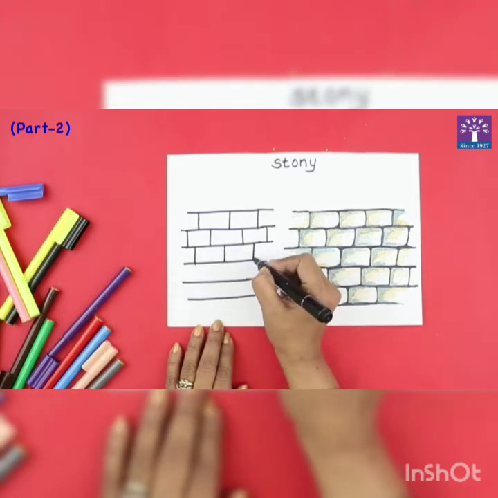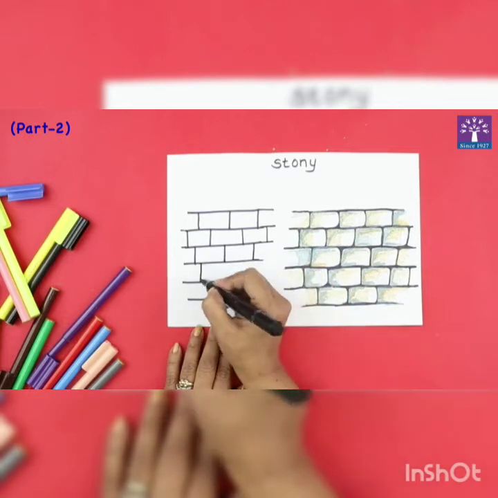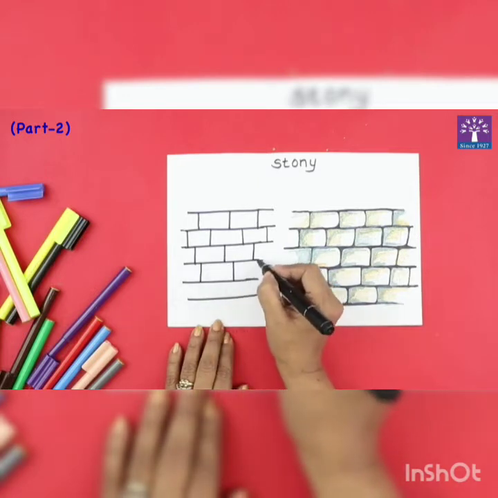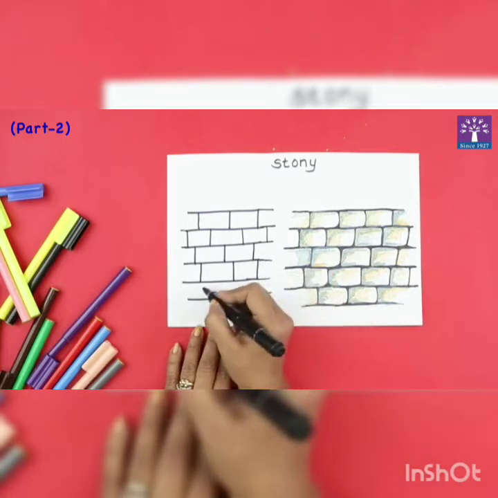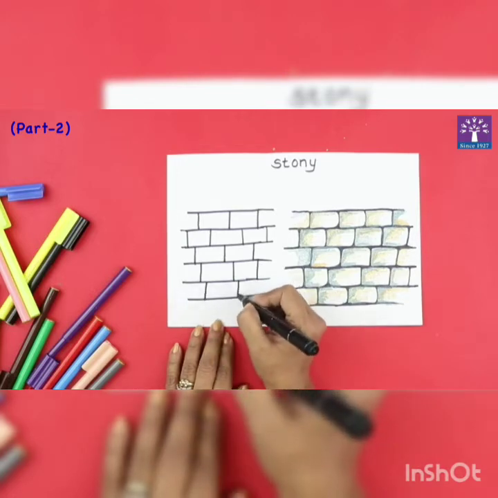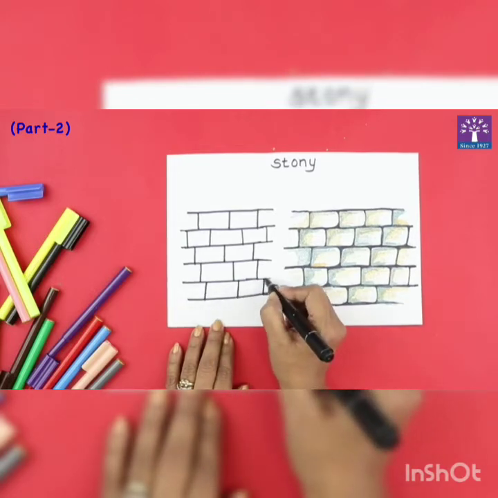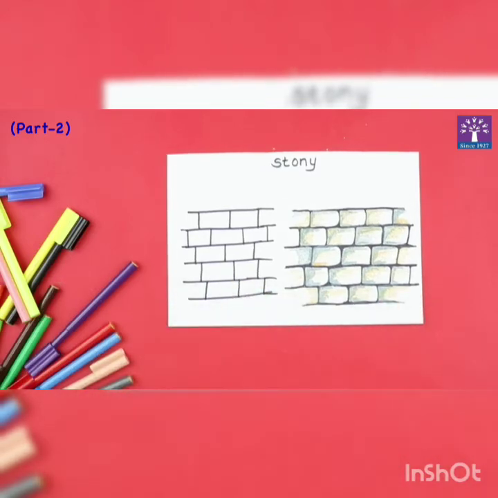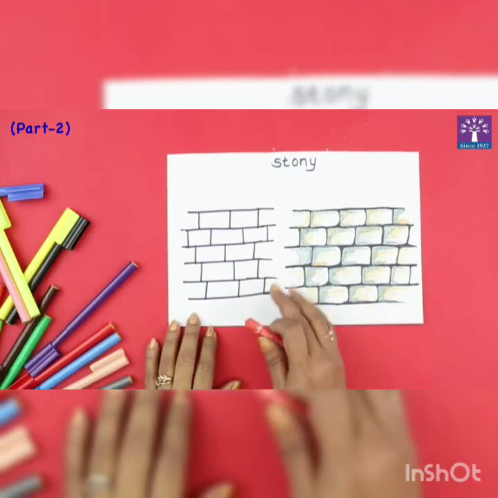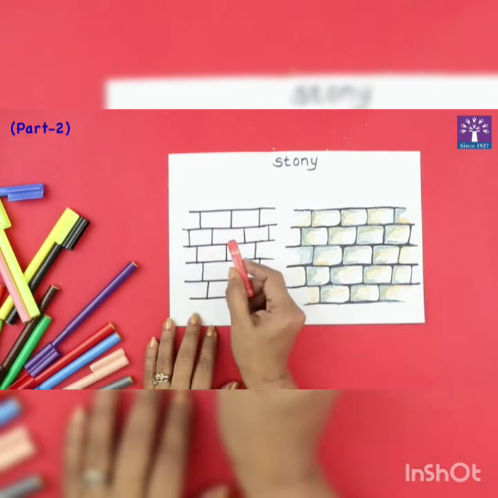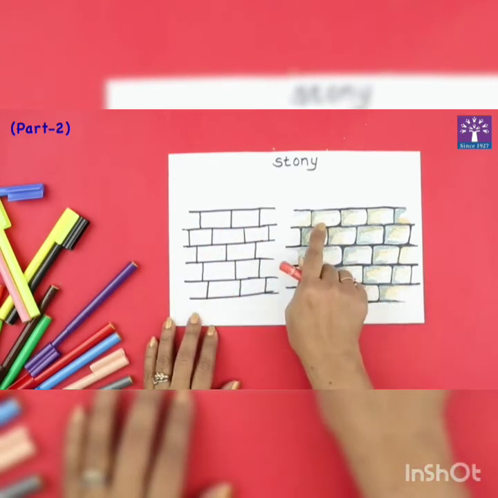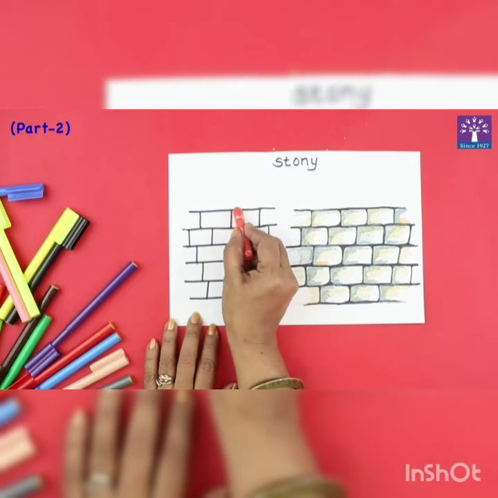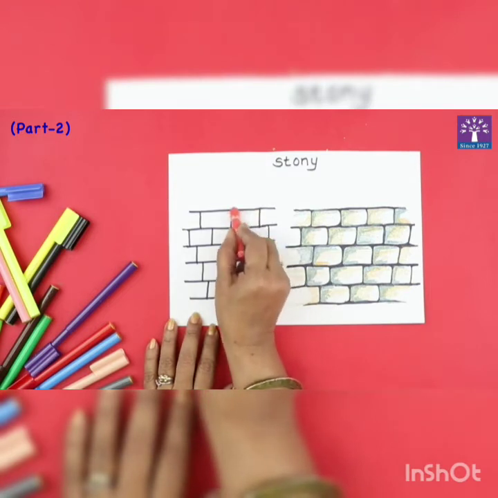See? You can color this wall with red color to give the brick effect, or with a grey color to give a stony effect. Both ways, this is a stone.